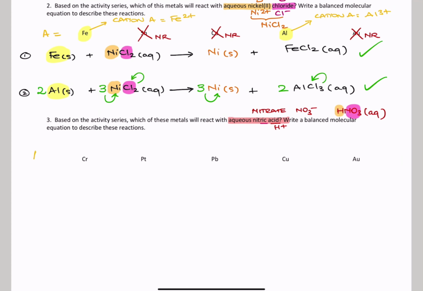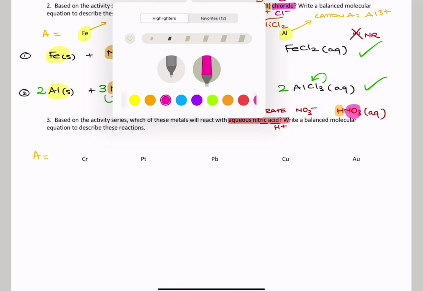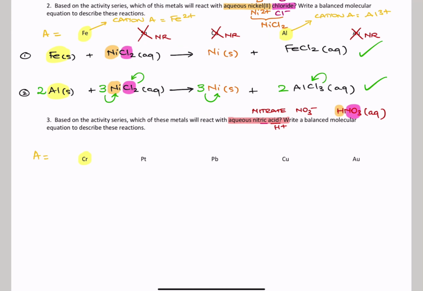And we're looking if any of these elemental A will react. Remember that these have to be above H+ on the activity series. Take a look at it and notice that only chromium and lead are above H. Therefore, these 3 will not react.